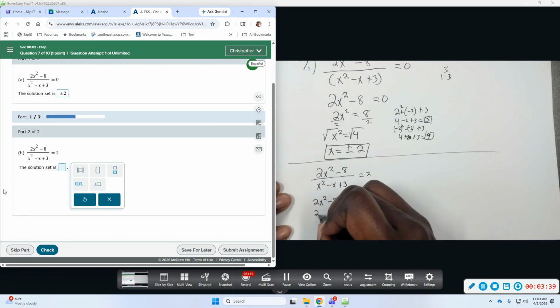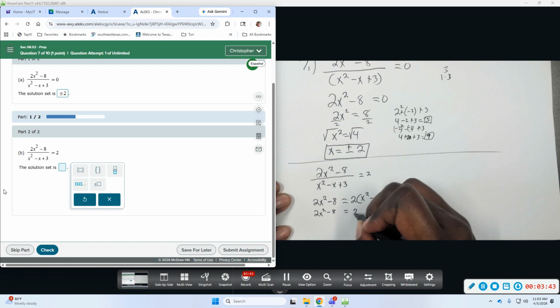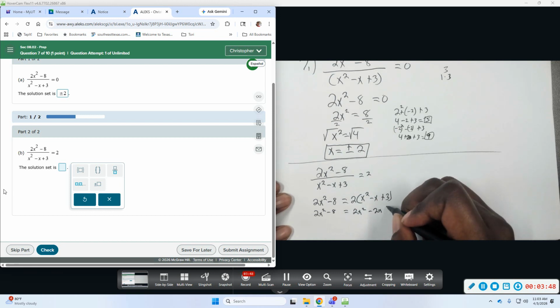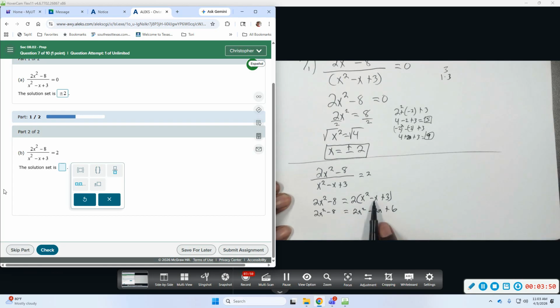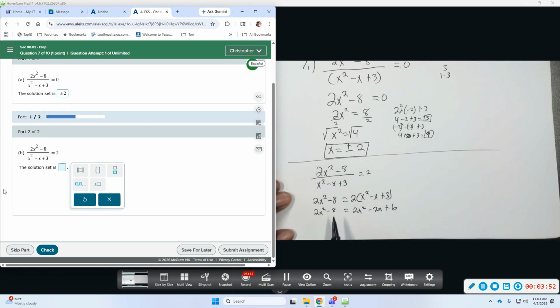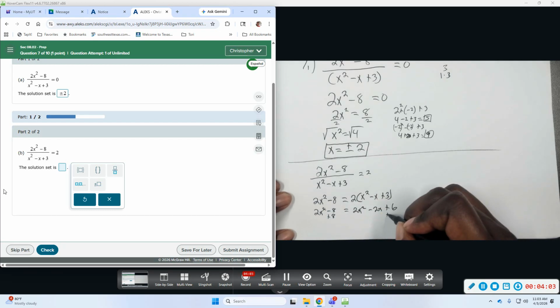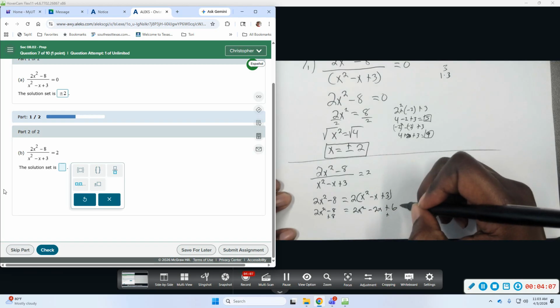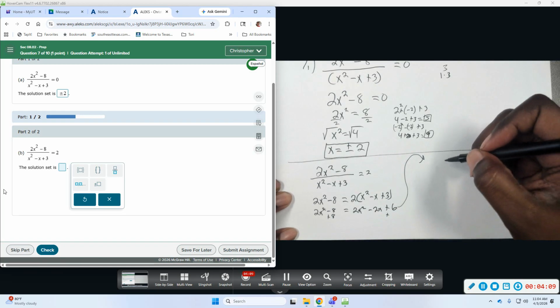And this gives me 2x squared minus 8 equals 2x squared minus 2x plus 6 when you distribute 2 to each term. We're going to move everything to one side. So if I were to subtract the 2x squared, these two terms would cancel out. Let me move over here because I'm going to want to put things on separate sides.